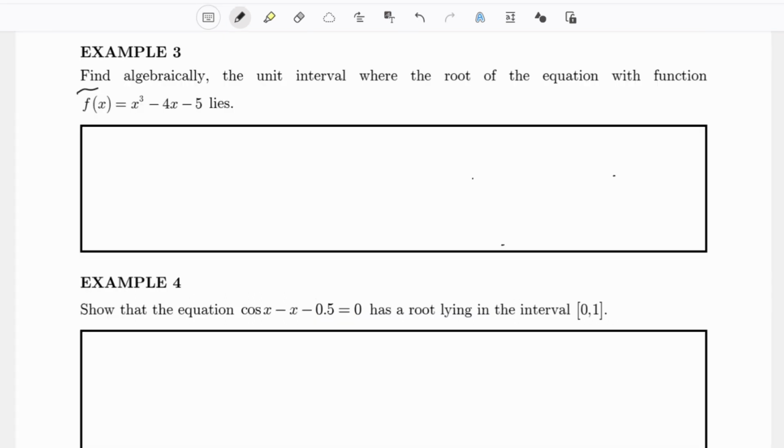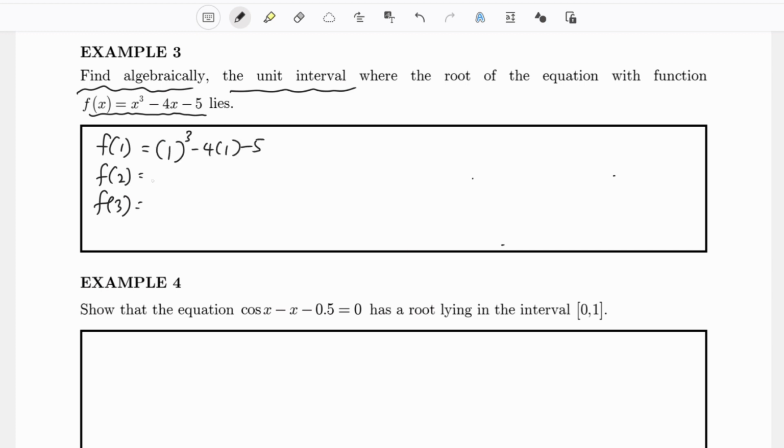Example 3. Find algebraically the unit interval where the root of the equation with function f(x) equals x cubed minus 4x minus 5 lies. You can choose any value. Let's say I choose f(1), f(2), f(3). Substitute into the equation: 1 cubed minus 4 times 1 minus 5.